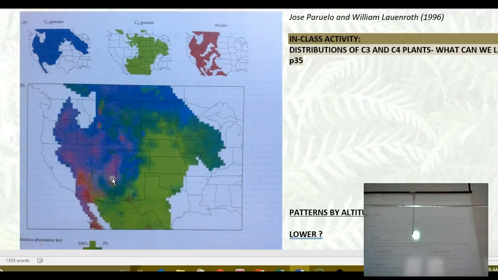So, I'm sorry, this is not responding. So if I Googled Four Corners, Arizona, look at the habitat.